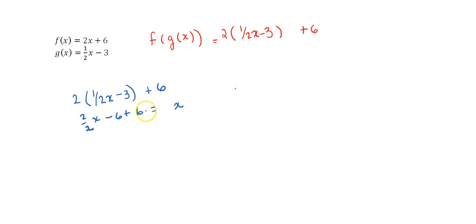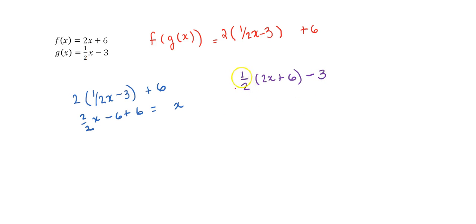So in this case, instead of it being the f that's on the outside, we're going to have it be on the inside. So I'm going to have a 2x plus 6, and then I'm going to have my 1/2. This is my new x, this is the new input, and then my minus 3.